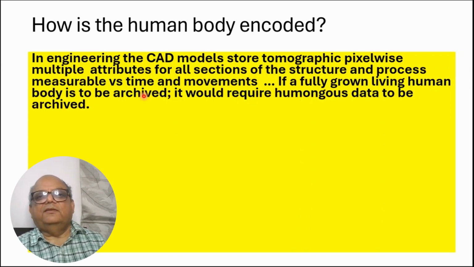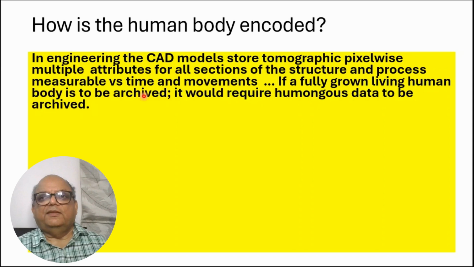Then you can have software that lets you visualize. You can do things like virtual dissection. So you know which layer, where you go, what the tissue is like, what the color of the tissue is, how it looks. But that's only for visualization.